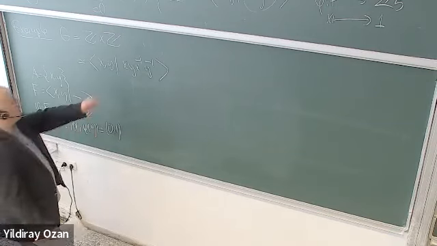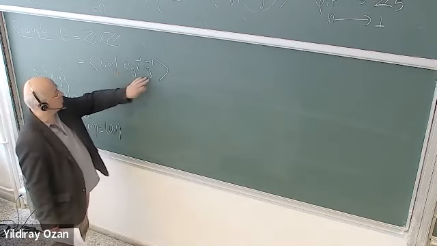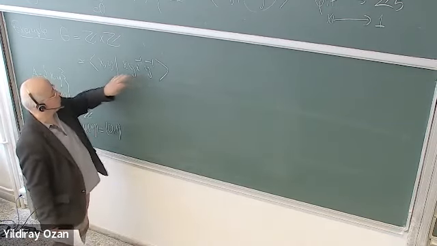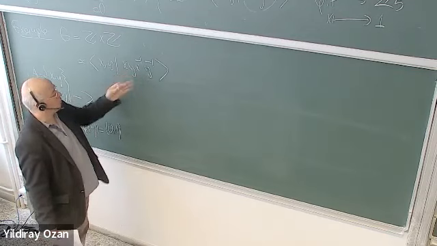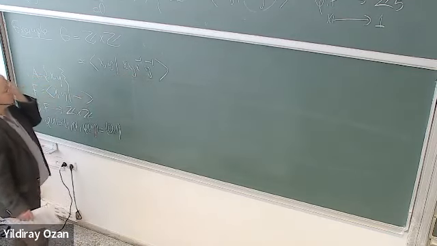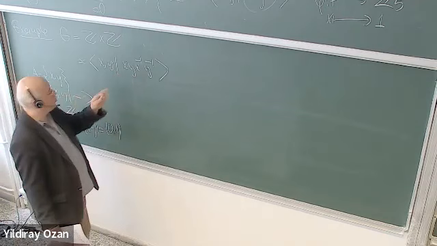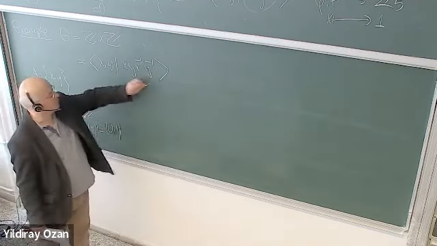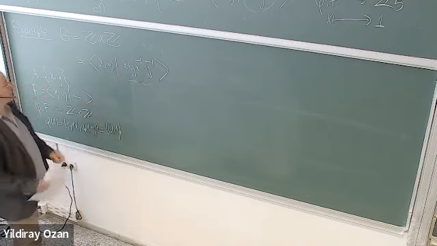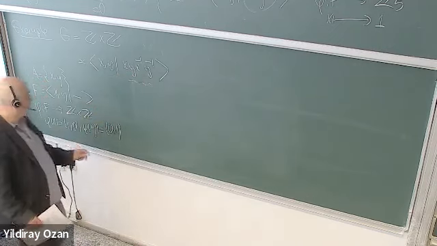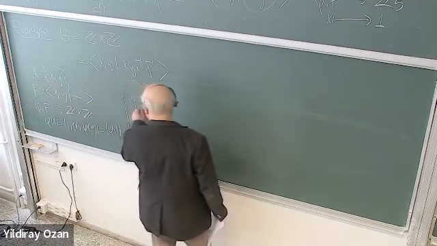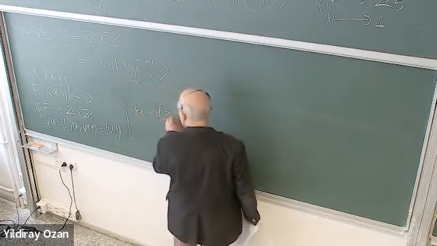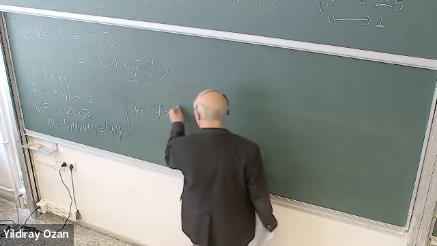Of course, this does not mean that the kernel consists only of this. The kernel is the normal closure of this, right? So the kernel of this homomorphism is the normal closure of this. So it is actually the commutator subgroup, right? The kernel of phi is just the commutator subgroup.